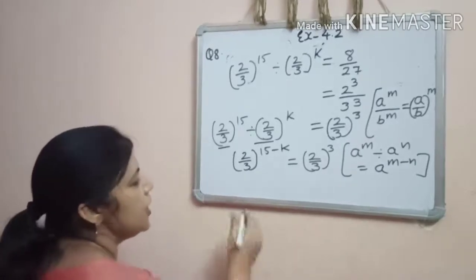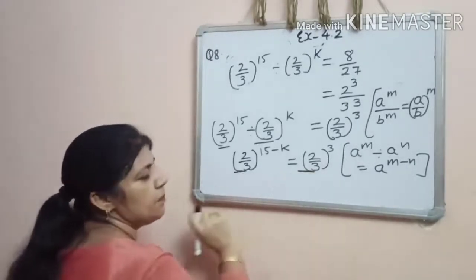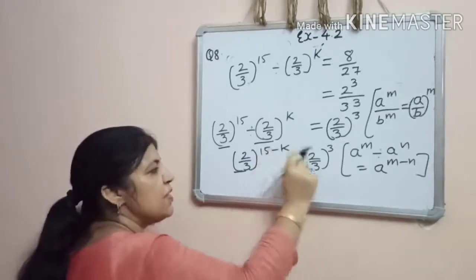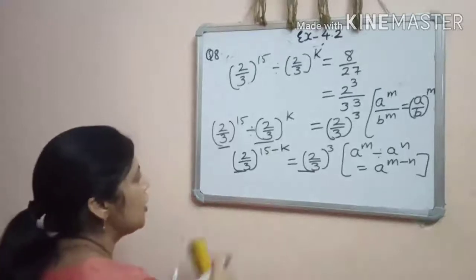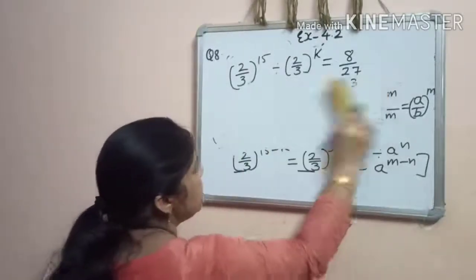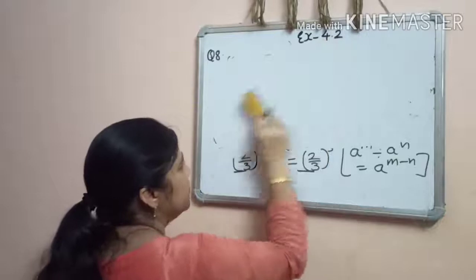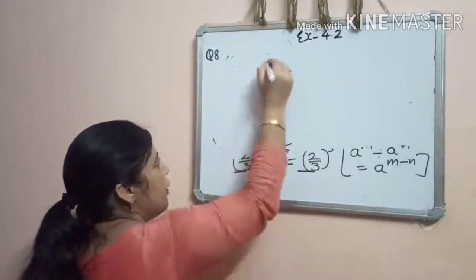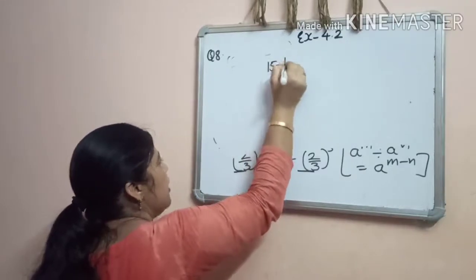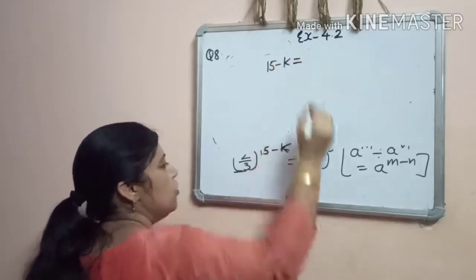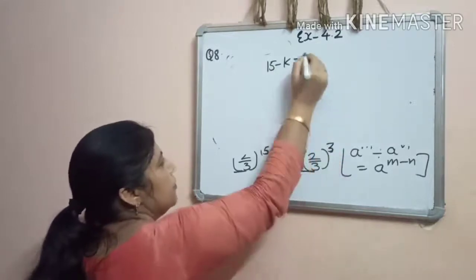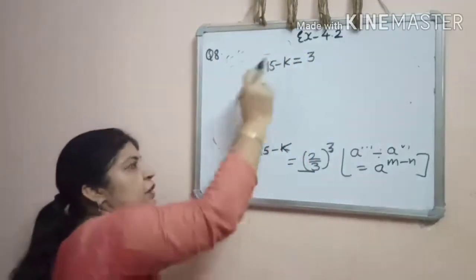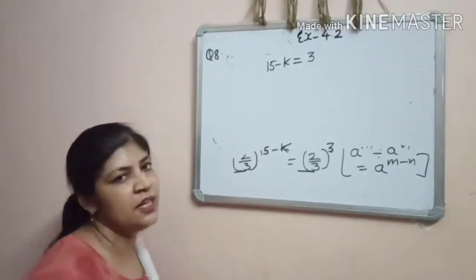Okay. Now here the bases are same and they are equal. So it means powers will also be equal. It means 15 minus k is equal to 3. Now you need to find the value of k here. Now it is a linear equation.